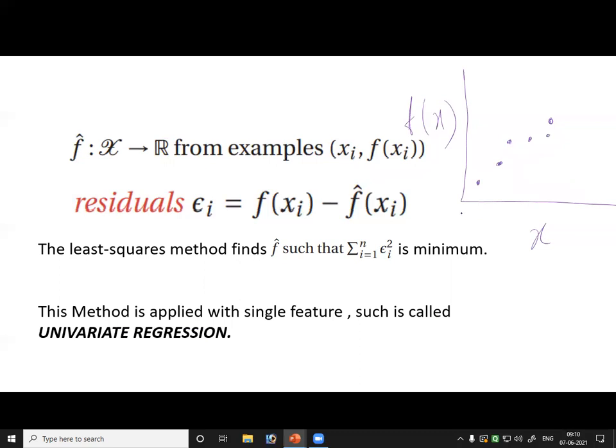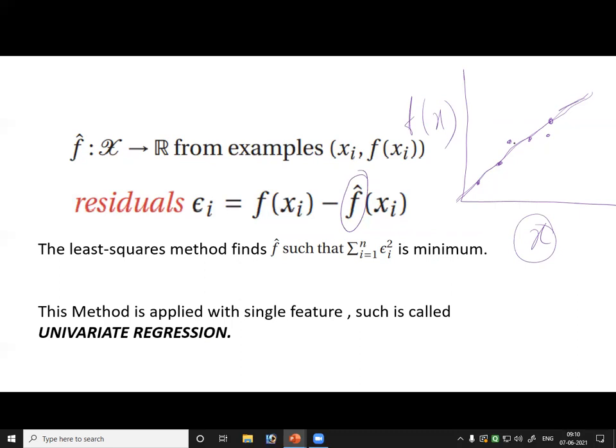Now if you draw a line which passes through most of the points, I say that all points are on this particular line. That is my f hat. Whatever value of x you give, f hat of xi lies only on this line. That is my prediction.